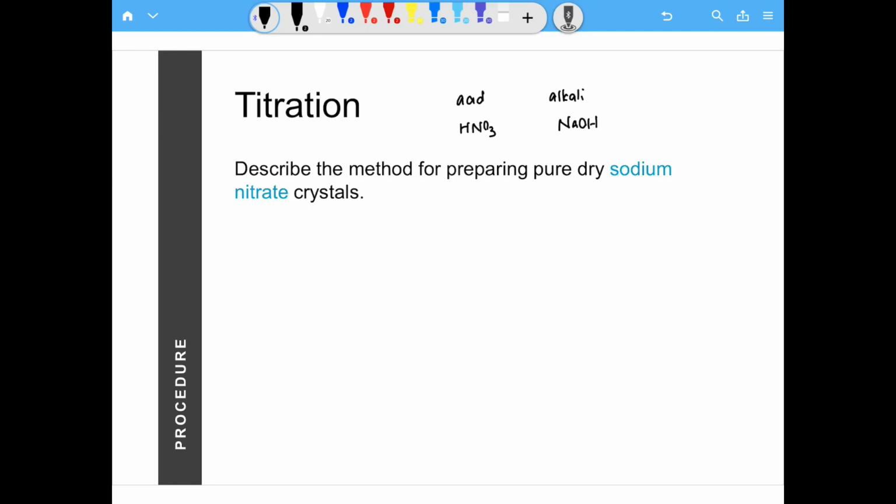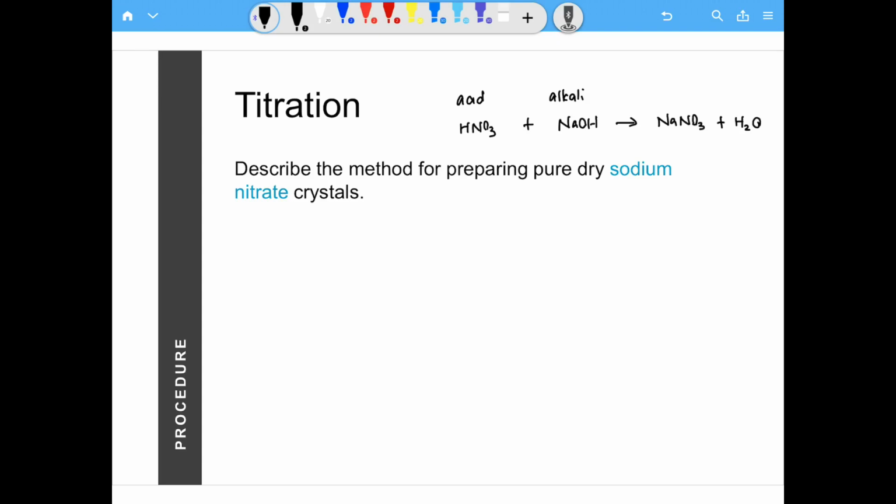They need to be added in exact amounts so that the products that we get would be just sodium nitrate plus water. Why do they need to be added in exact amounts? Any excess of a reagent would mean that we have two solids dissolved in the same solution, therefore we cannot separate them.